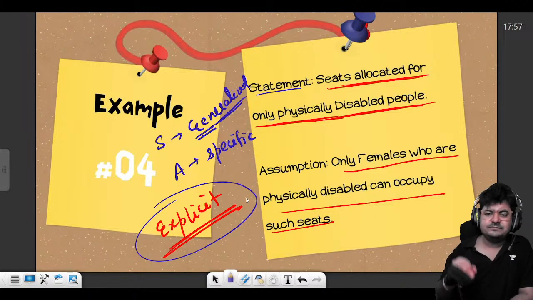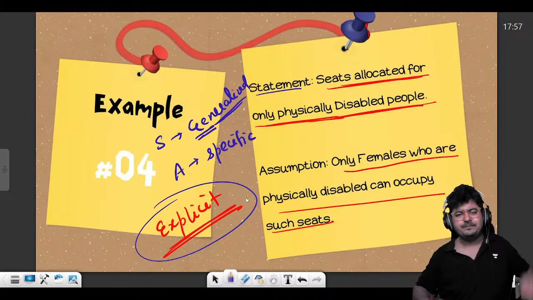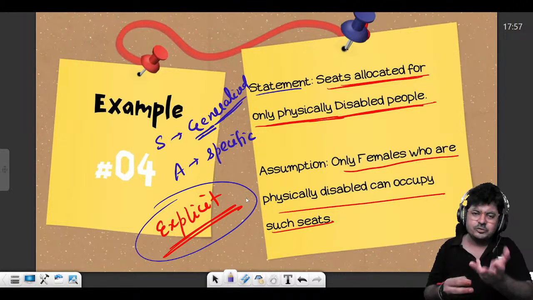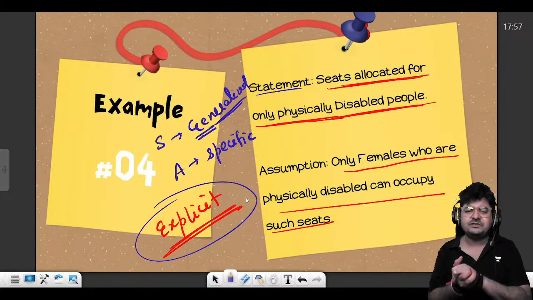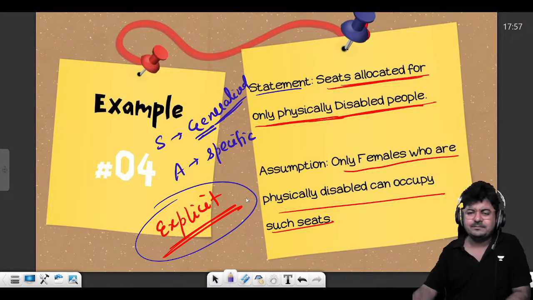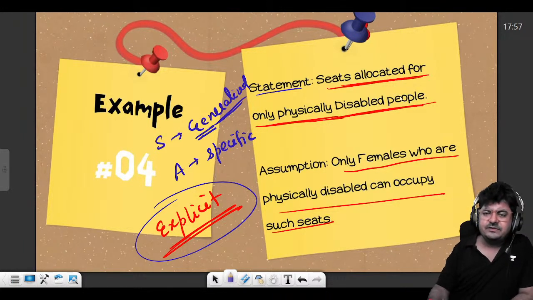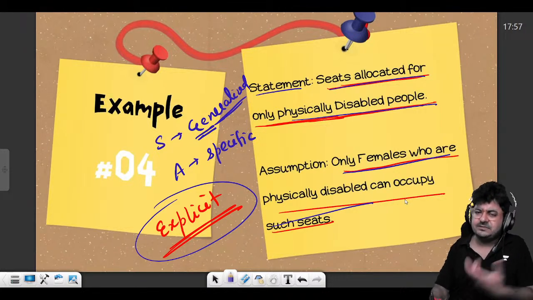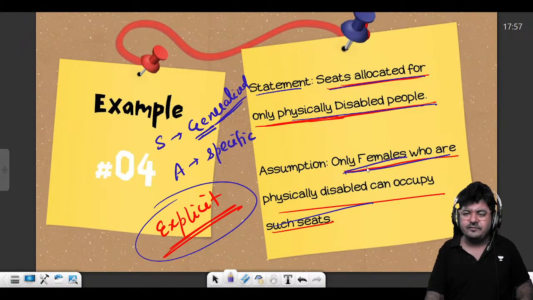Remember this. यहाँ पे कोई दिमाग लगाने वाली बात ही नहीं। अगर स्टेटमेंट जनरलाइज किया है, assumption स्पेसिफिक है, या अपोजिट, स्टेटमेंट स्पेसिफिक है, assumption जनरलाइज है, तो वो हमेशा एक्सप्लिसिट होंगे. Like here you see, seats are allocated for physically disabled people: generalized statement. Only females who have physical disability can occupy such seats: they are being specific for females.